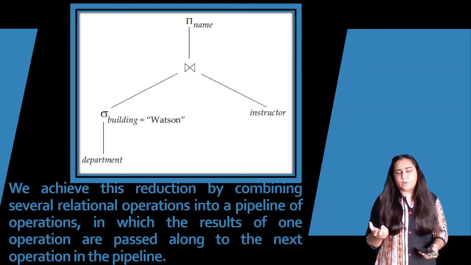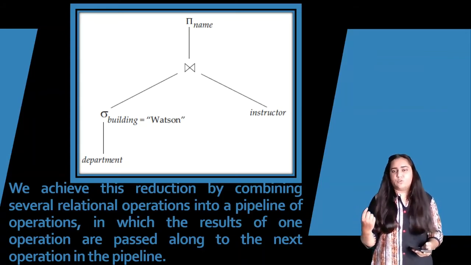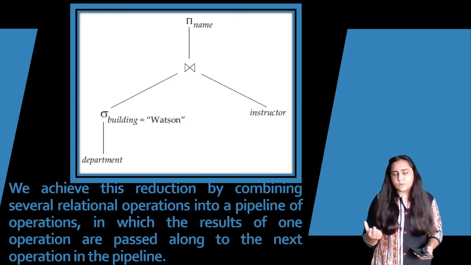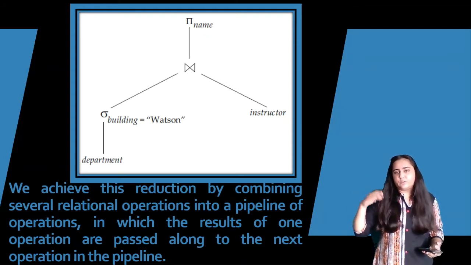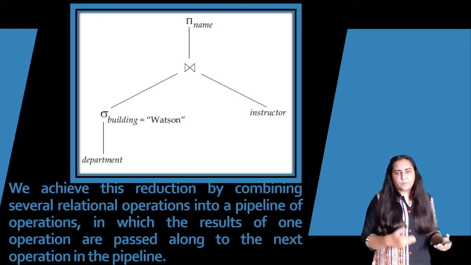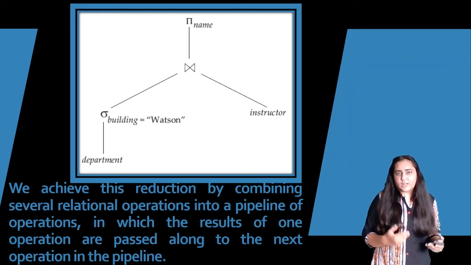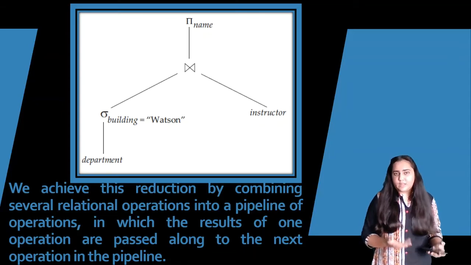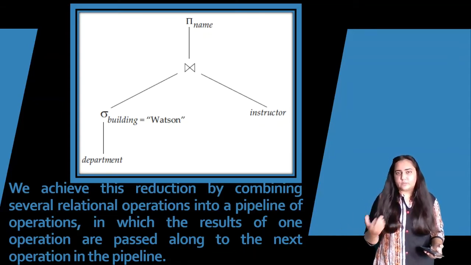And with that sigma operation, we will just check if that row contains building Watson or not. And if it doesn't, then you don't have to proceed further in the pipeline. You can just drop that row right there. Then you proceed to the next row of department and find out if that row is having the building Watson or not.